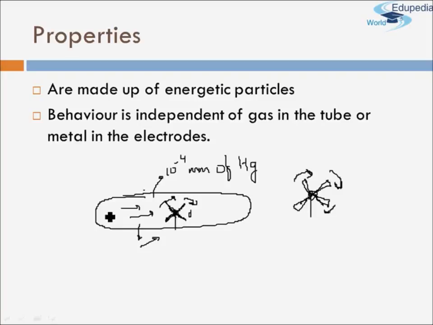This means that whatever those particles forming the cathode rays were, they were actually common to every gas or every metal known to us. So those cathode rays were actually made up of a fundamental particle. From Dalton's theory, we know that atoms of different elements are different, so their behavior, their properties will also be different.